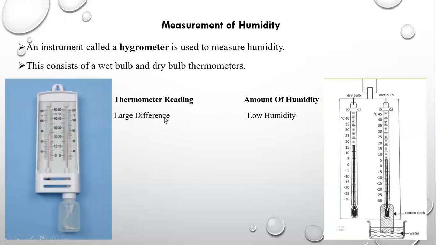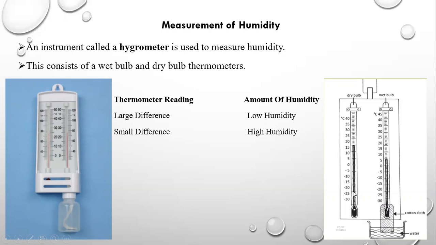For example, if the dry bulb thermometer here is showing 15 degrees Celsius, and the wet bulb thermometer is showing 5 degrees Celsius, the difference is 15 minus 5, which is 10 degrees Celsius. Now, that is quite a small difference. So when there's a small difference, it means humidity is very high. When there's a large difference, it means there's low humidity.